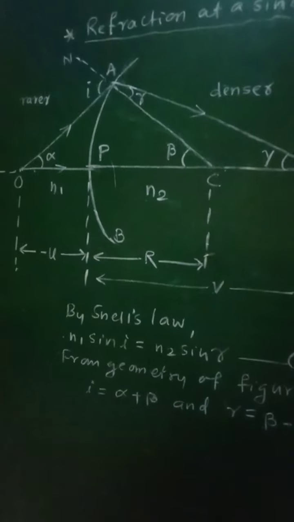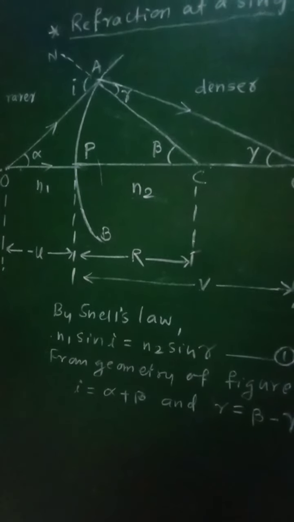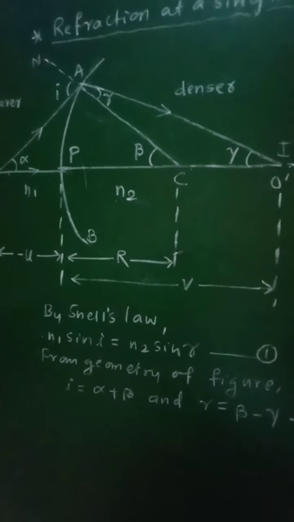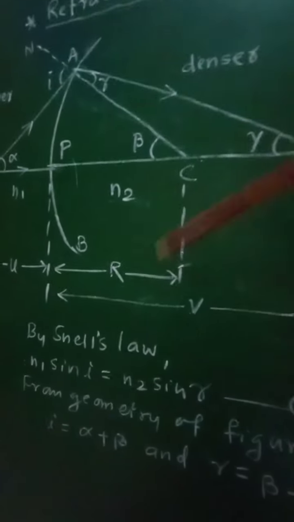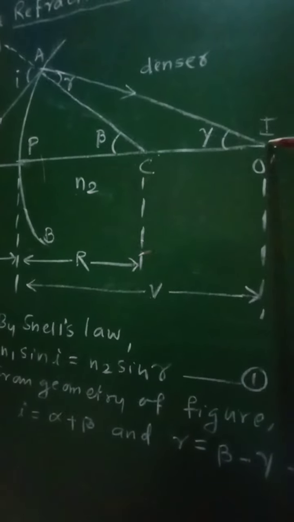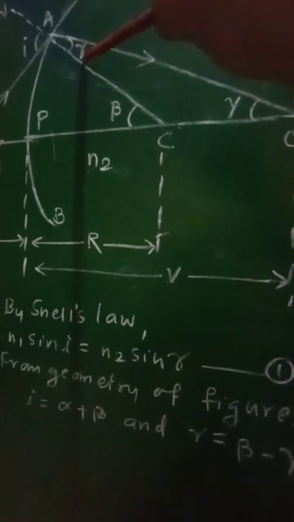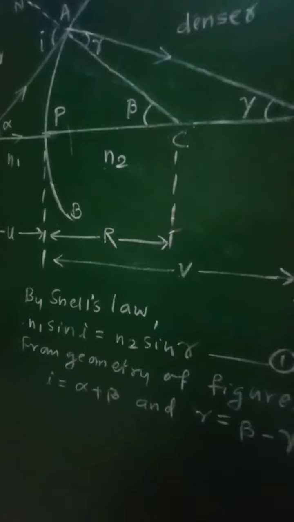Then let R be the angle of refraction in the medium of refractive index n2 at point A. So after refraction, this ray OA will travel along AO', and therefore the angle between the normal and the refracted ray will be equal to R, the angle of refraction.